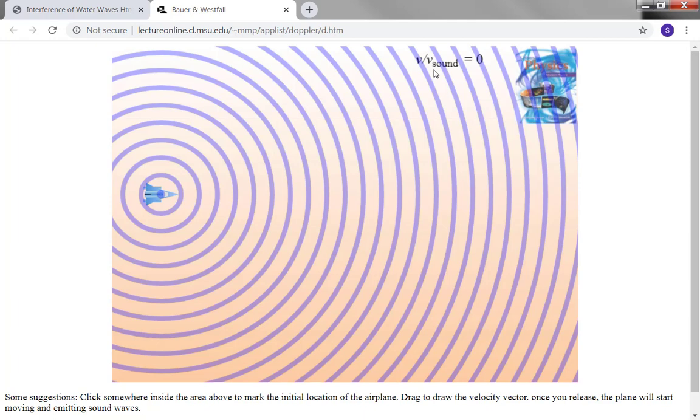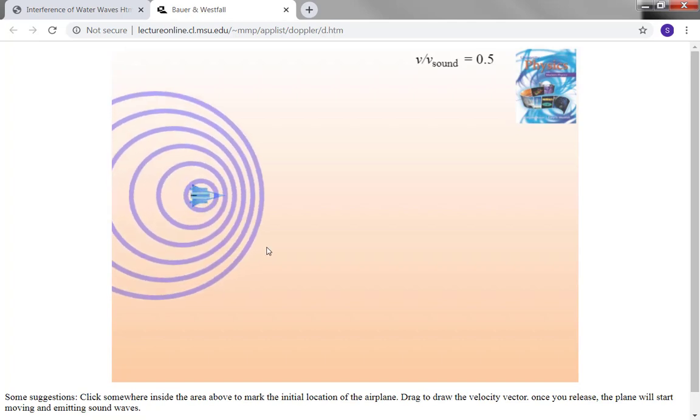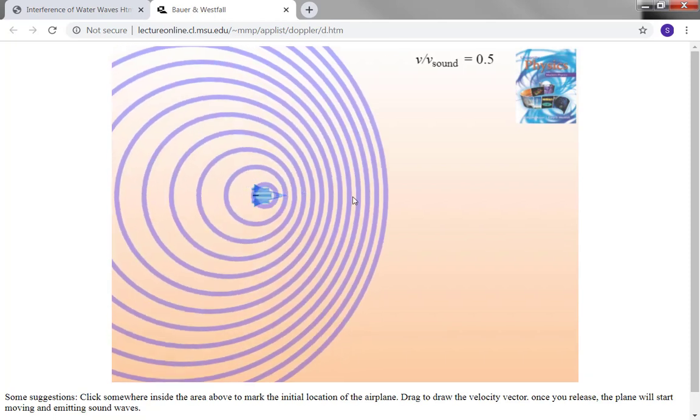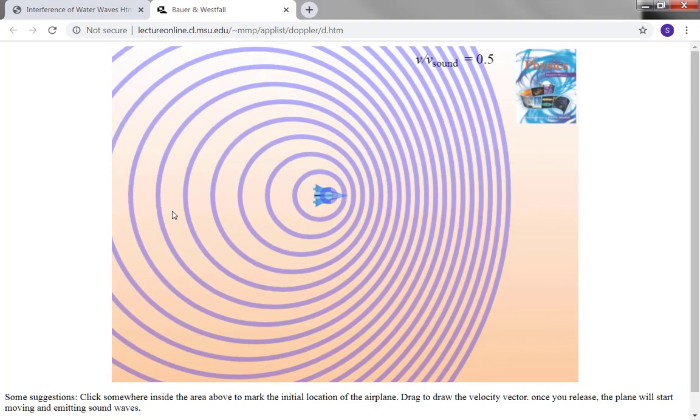if that helps. Okay, so now let's do this again, but let's let the plane move a little bit. I'm going to take it to the extreme, where the plane is moving at half the speed of sound. So now you can see that these sound waves in front of the plane are closer together than the sound waves behind the plane.